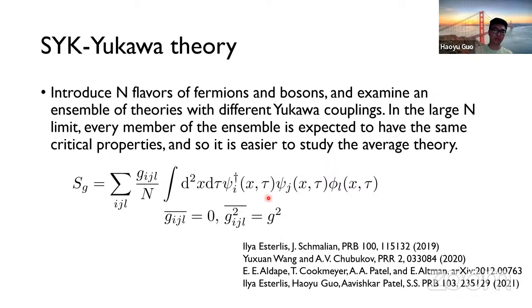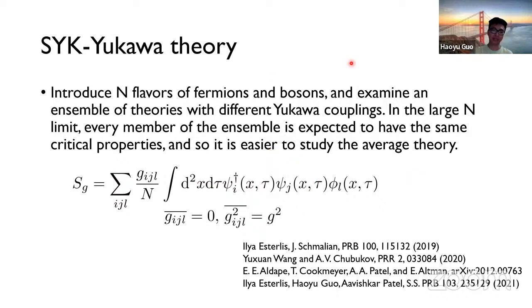So for this critical Fermi surface problem, the formulation is the following. We'll introduce what is called the SYK-like theory. We borrow the experience from SYK models by making the Yukawa coupling a random number in the flavor of the particles.